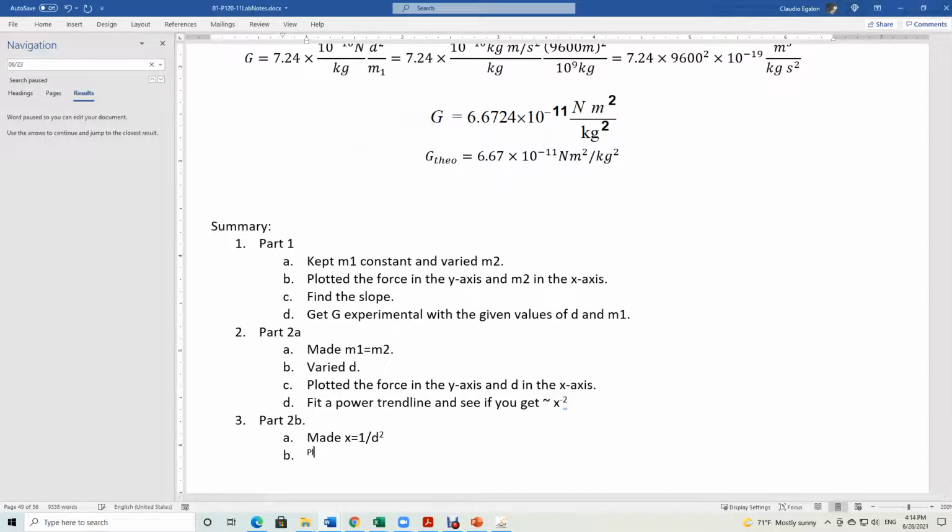What else? Plotted F along the y-axis and x along the x-axis.